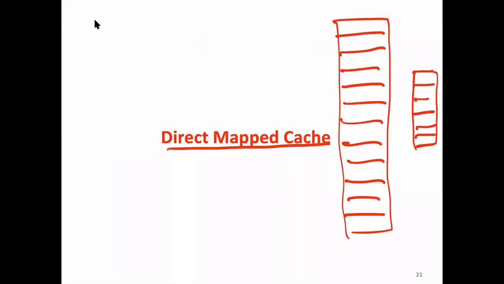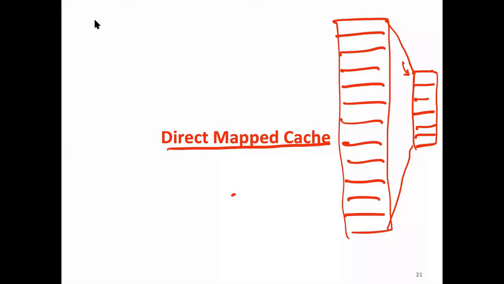Now we make a request for some address, and we'll have to see whether that address is available in the cache or not. It means there must be some way of mapping all this into this.